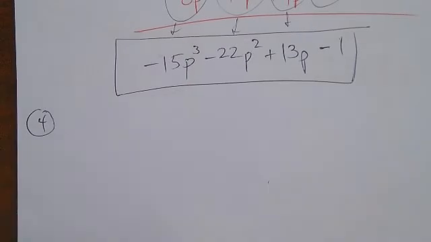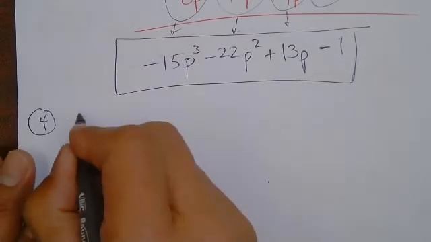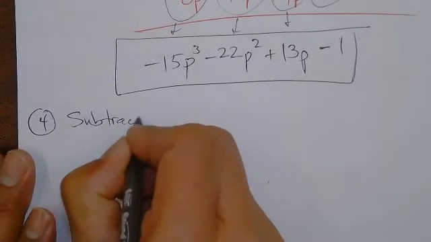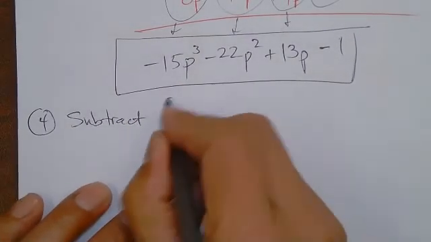Okay, last one. Number 4. I think you got it, right? Just watch. Okay, number 4. This is the word problem one.